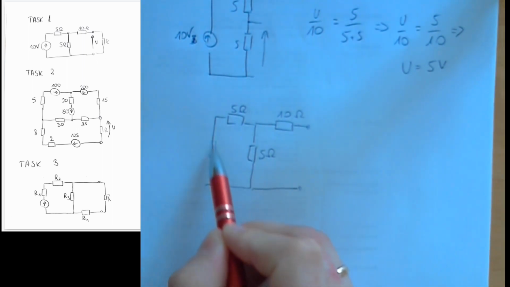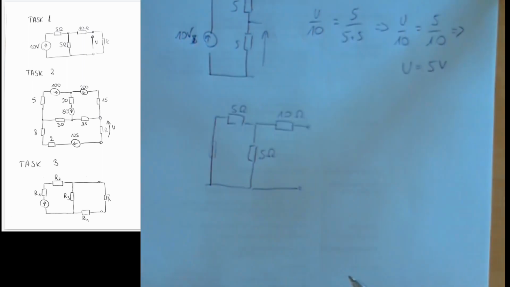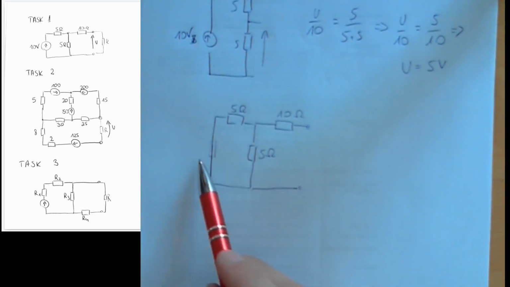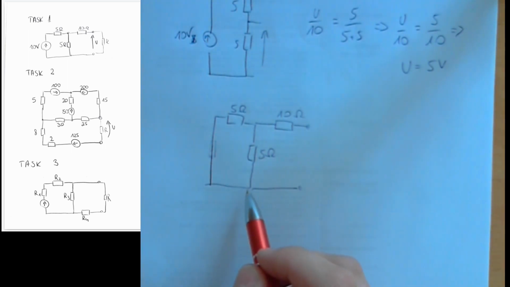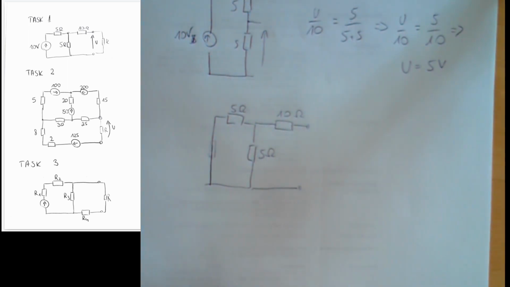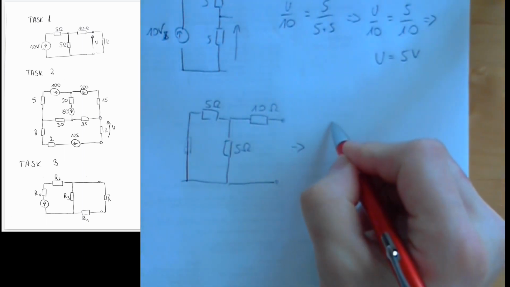Okay, so we have this one and this one in parallel, and they are equal in resistance. So we know that two resistors connected in parallel with equal resistance, the equivalent resistance is half of one of them, so 2.5 ohm.